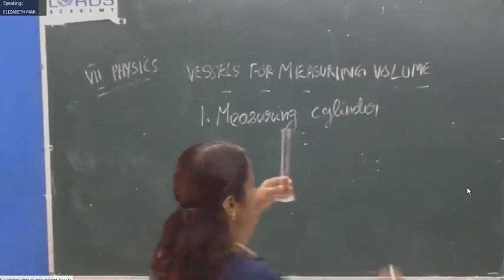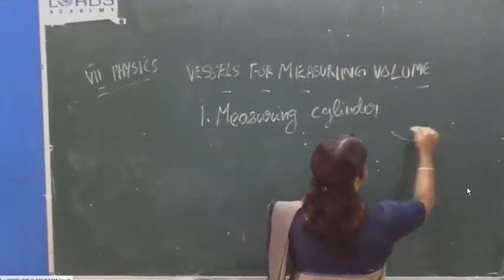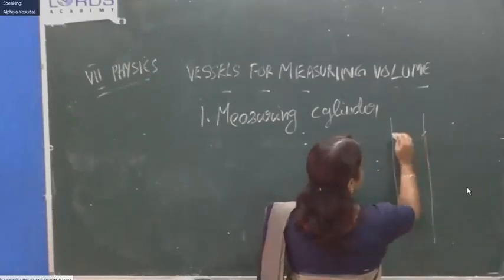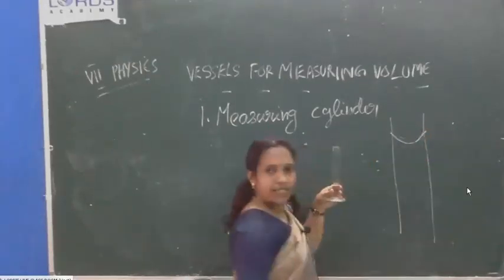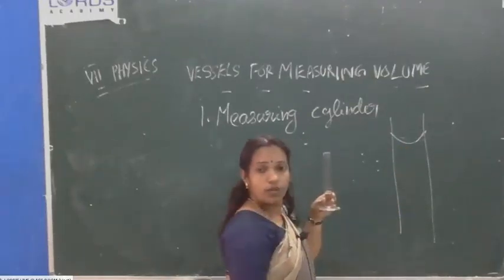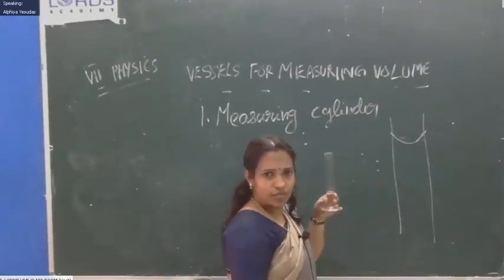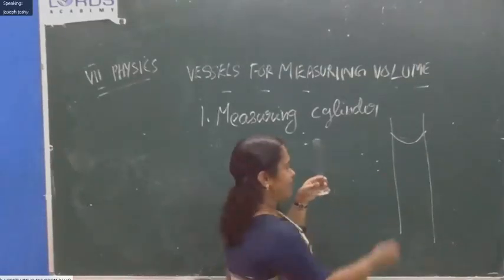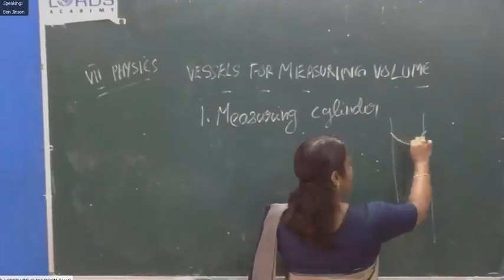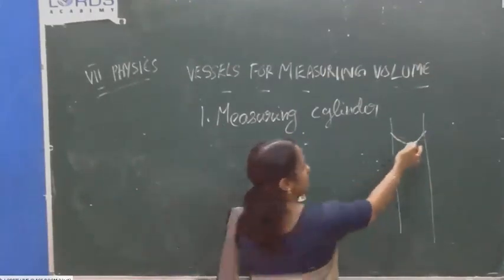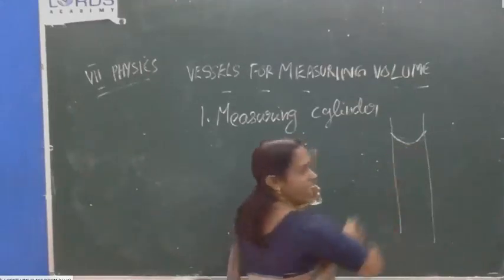How is the shape of water in this measuring cylinder? Is it a straight line? No, it's like a curve. It's not a straight line. So if you are taking water or any other liquid in this measuring cylinder, the shape of the surface will be like this.